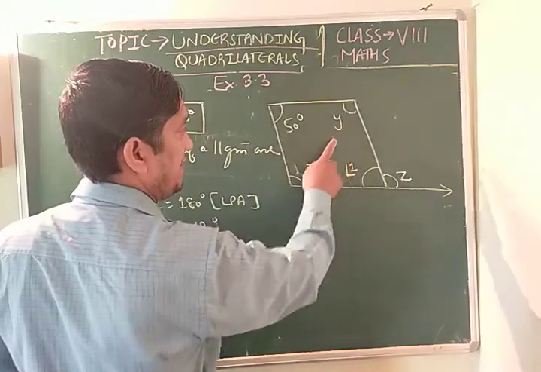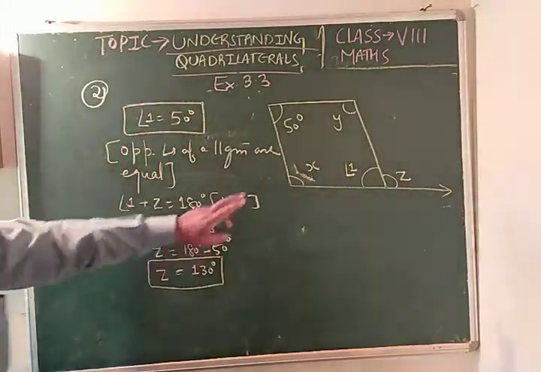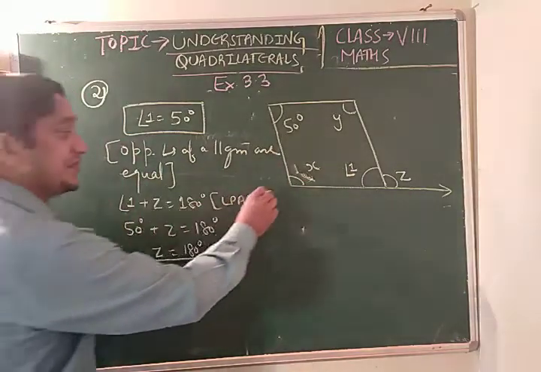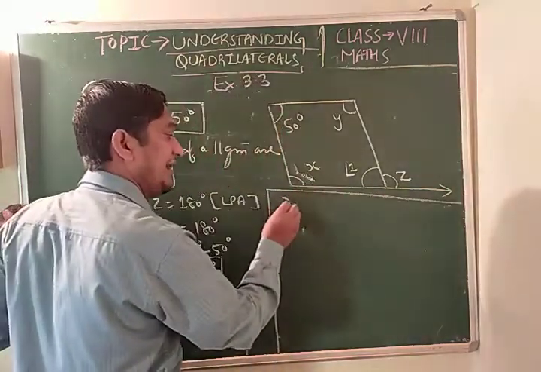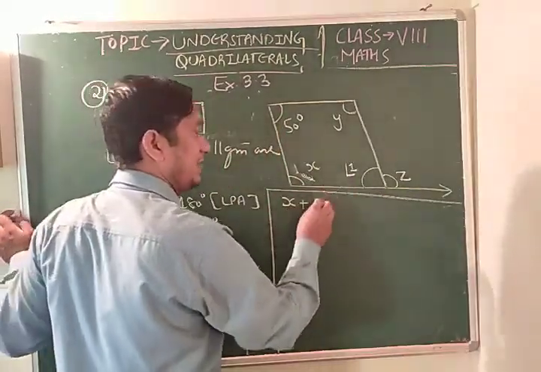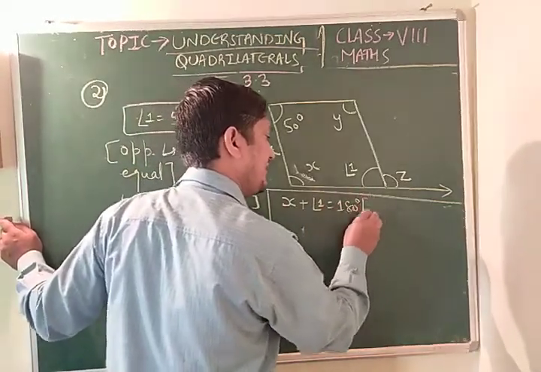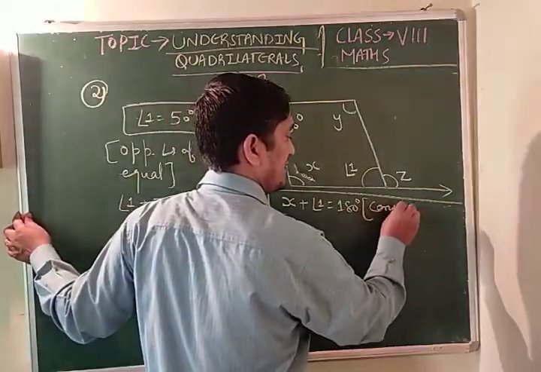Now which one is left? This y and this x. Children, look, the relation between angle x and angle 1 is also 180 degree because of the consecutive angles.